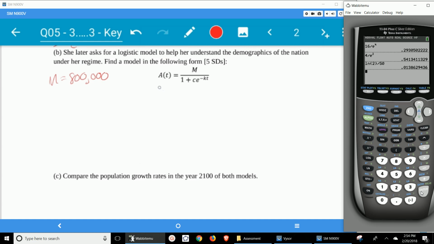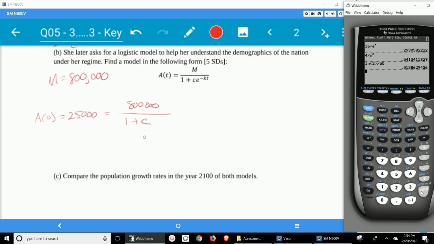Now, we know that A of 0 has to be 25,000. But that's also equal to 800,000 over 1 plus C, because e to the 0 means that's a 1.